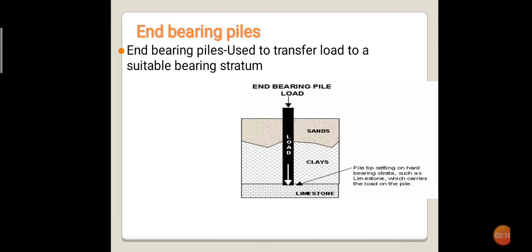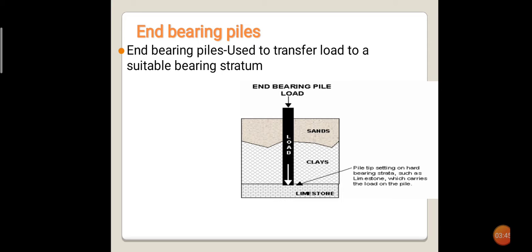The first one, end bearing piles, is used to transfer the load to a suitable bearing stratum. The figure shows the load from the superstructure transferring to its stratum. Here we place limestone at the dead end.